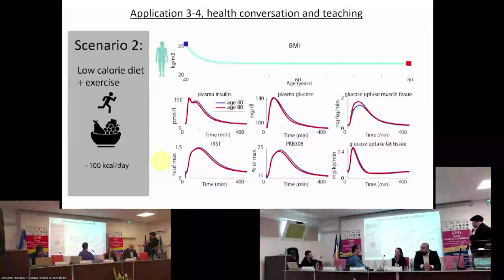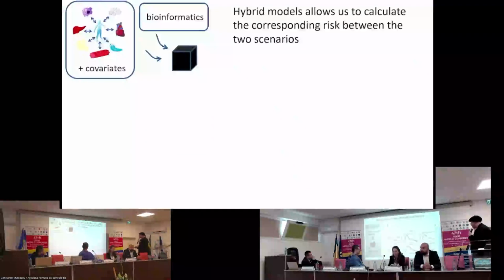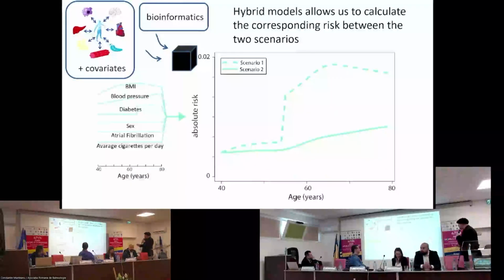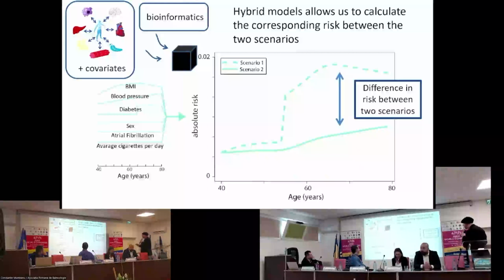In contrast, if you exercise just a little bit more and eat a little bit less, your weight will go down, and you don't have these problems. And this type of data then goes into the machine learning model, the risk model, where we can simulate the corresponding risk of having a stroke.